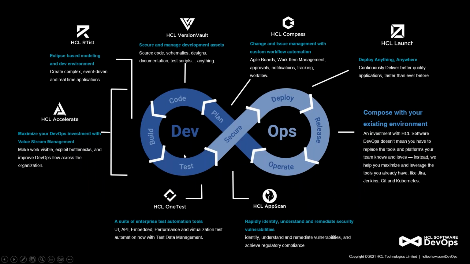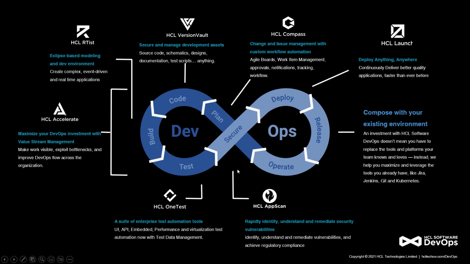And just to situate a bit on where AppScan is within this DevOps portfolio. AppScan is part of our DevSecOps portfolio within HCL Software. As you can see, AppScan is located within the secure phase.